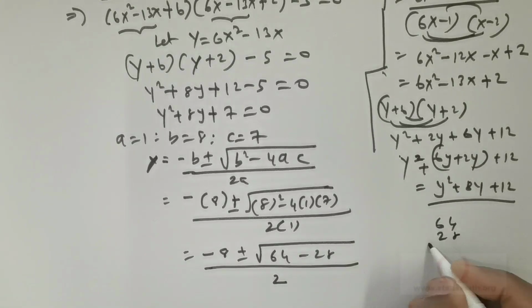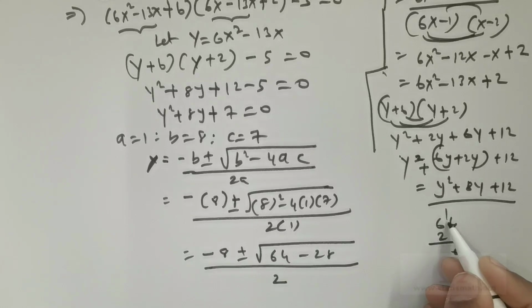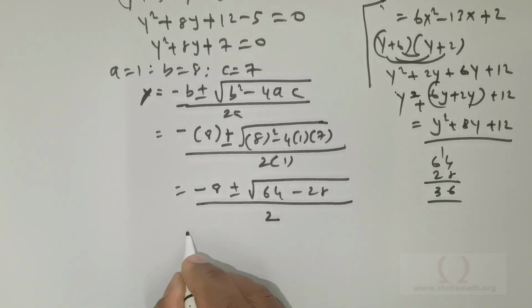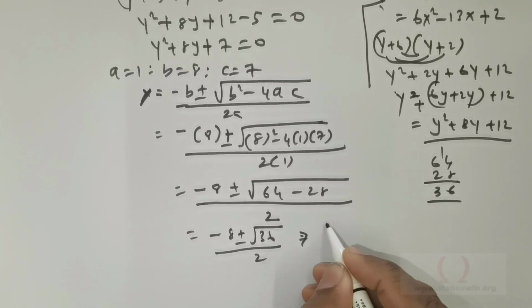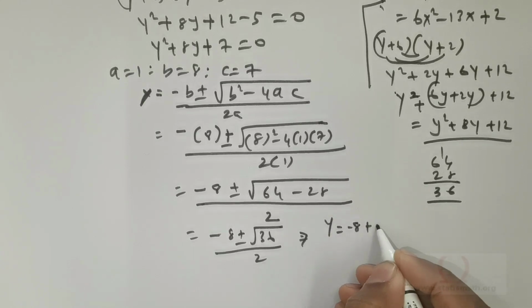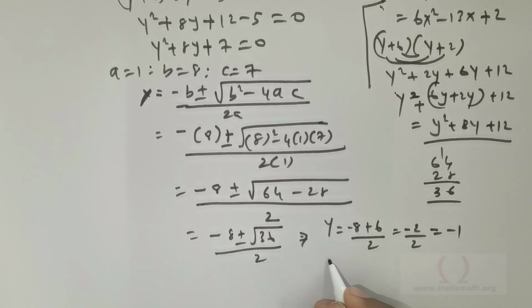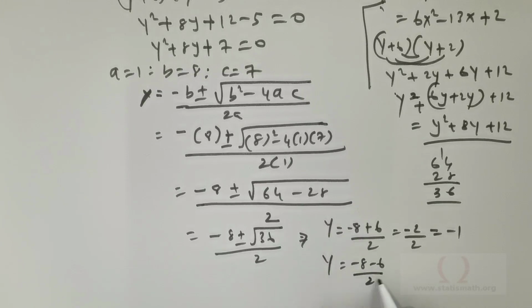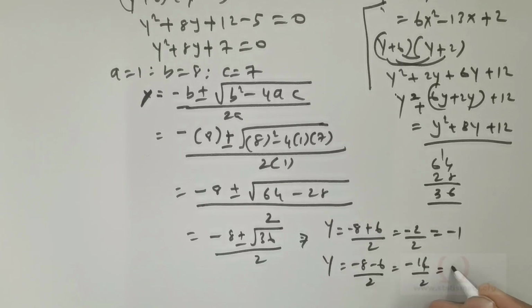So 64 − 28 gives me 36. So this is negative 8 plus or minus root of 36 divided by 2, which would mean y is equal to (−8 + 6) divided by 2, which is −2 over 2, which is −1, and then y is equal to (−8 − 6) divided by 2, which is −14 divided by 2, giving me −7.